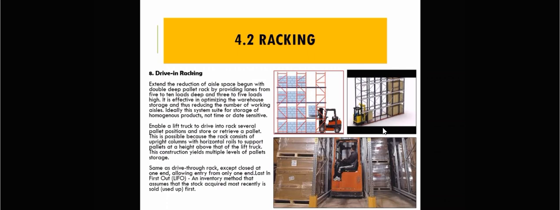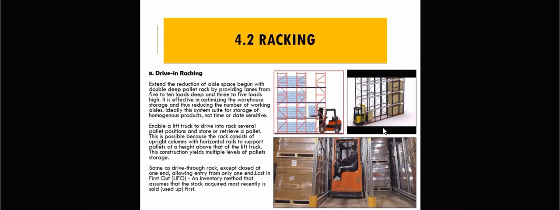Enable a lift truck to drive into rack several pallet positions and store or retrieve a pallet. Okay, dia membolehkan truck ni tadi kita pandu dan kita letak kat beberapa posisi lah, dan pallet tu kita simpan.